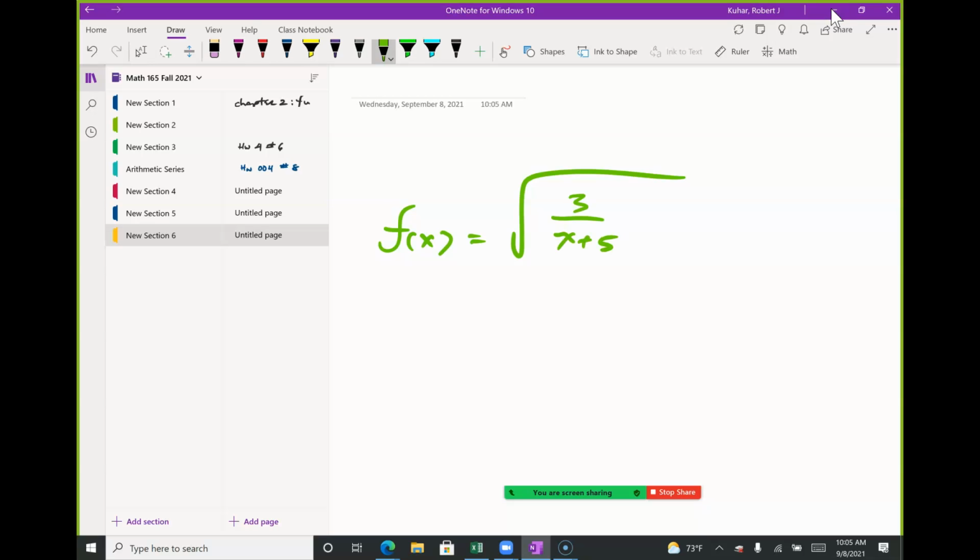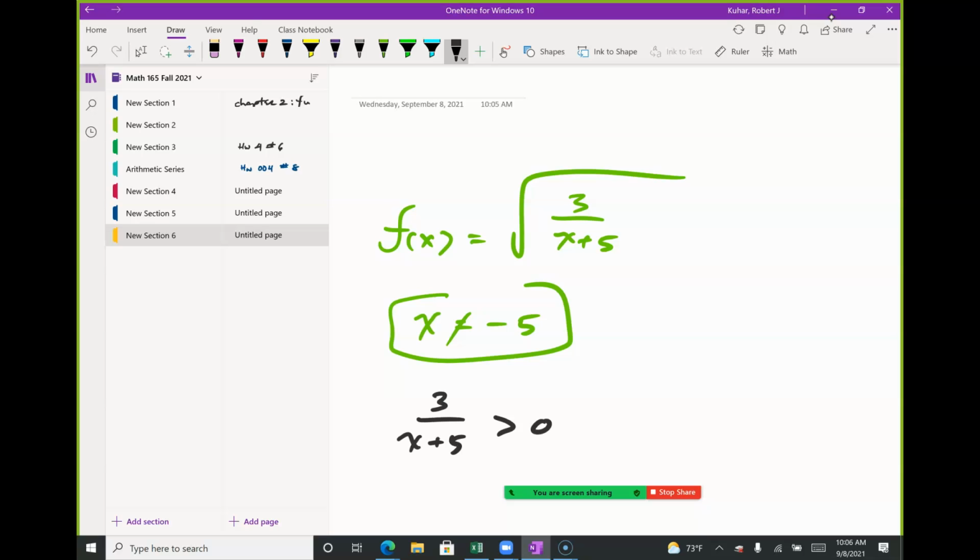Now I know that I cannot have x equals negative 5, right? I already know that I cannot have x as negative 5 because I'm not allowed to divide by 0 yet. Even when I am allowed to divide by 0, I still can't put x as negative 5 in there. But I also know that the whole fraction cannot be negative, right? So I want to make sure my whole fraction is greater than 0.